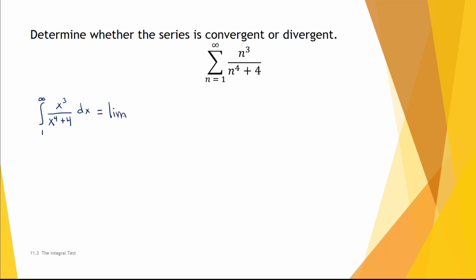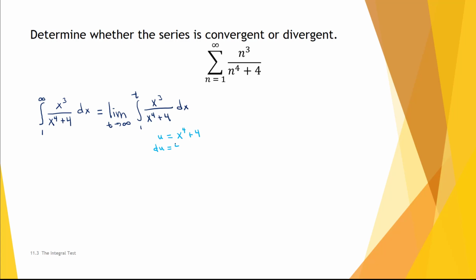We know by definition this is the limit as t approaches infinity of the integral from 1 to t of x to the third divided by x to the fourth plus 4 dx. And I can do a u substitution. I'll choose u to be the denominator, x to the fourth plus 4.